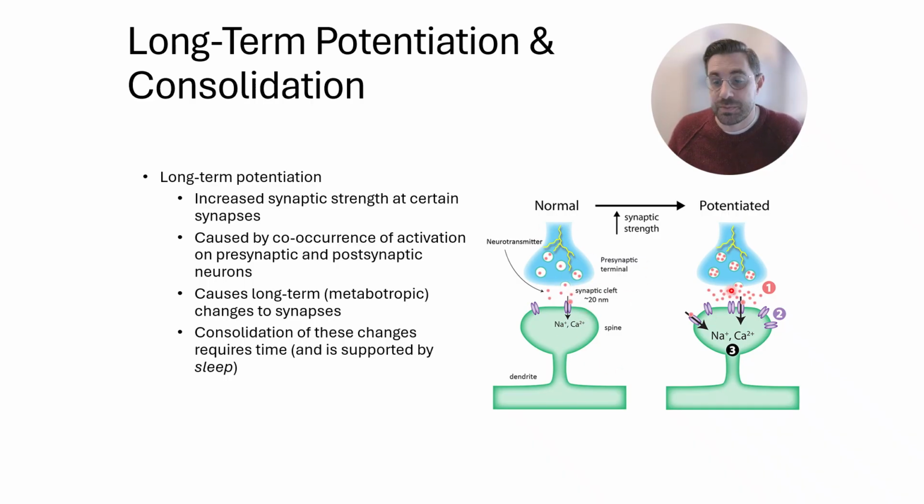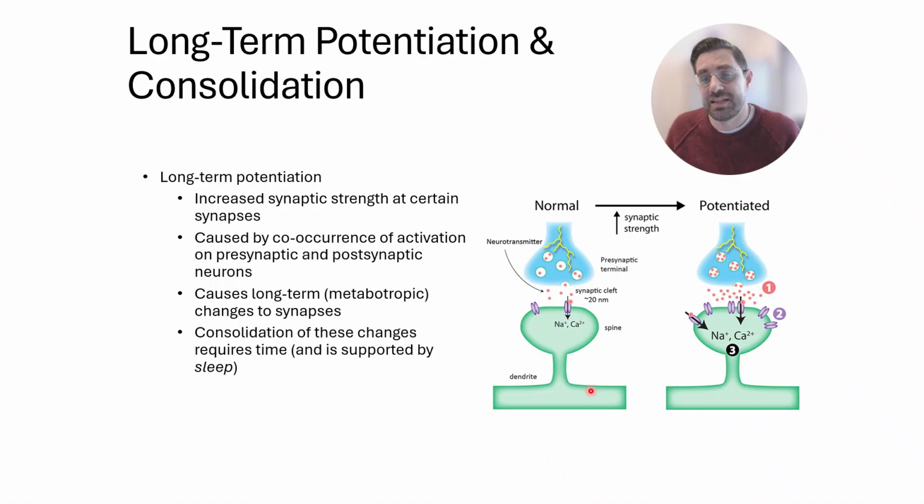Okay, the synapse changes, it's now different. It's now potentiated. This takes time, right? And is supported by sleep. So this activation is going to cause a cascade. This co-occurrence of activations causes a cascade of chemical changes that build up this connection for later, but it's not going to happen immediately. And so that's why consolidation takes some time.